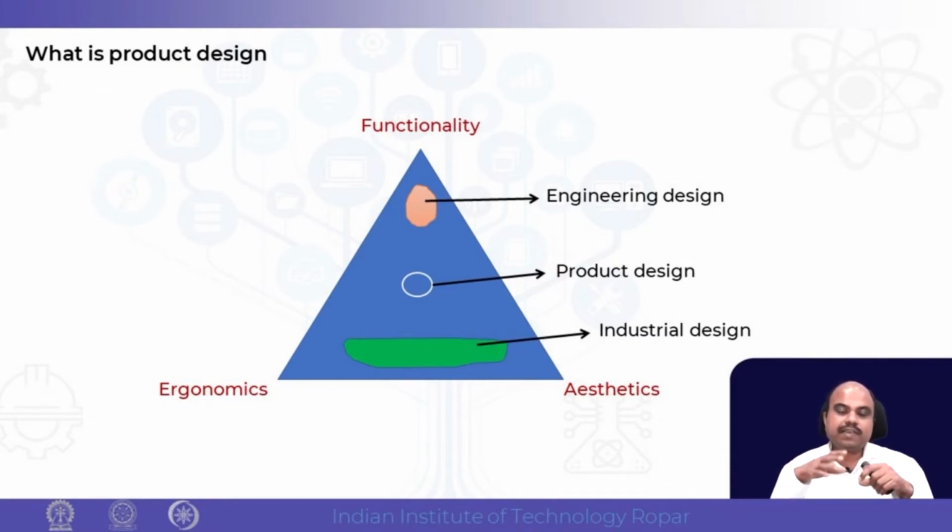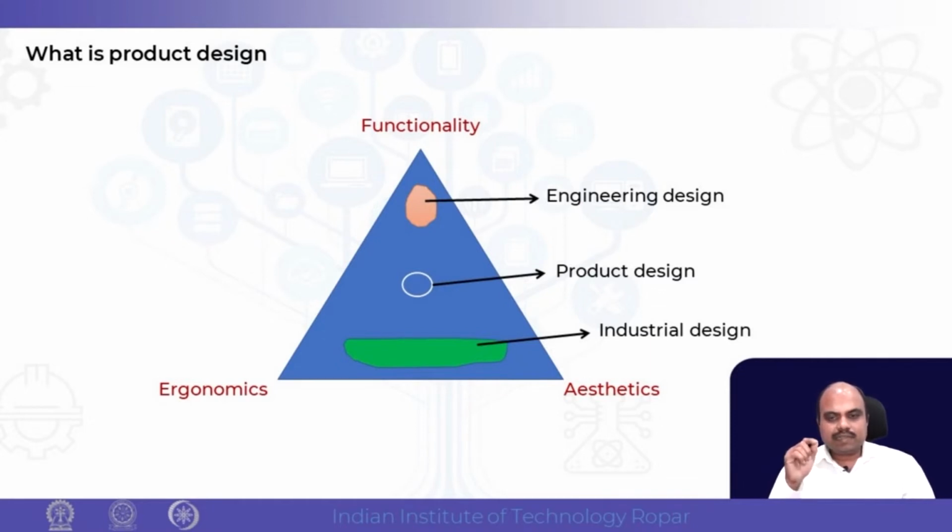Or if the same functionality and same ergonomics are there in multiple products, people will prefer the product that is aesthetically good. That's the reason several products do not sell easily in the market, but some other products become quite popular.